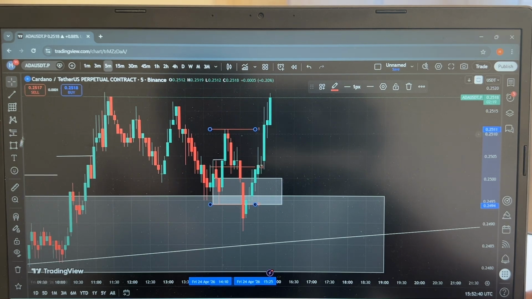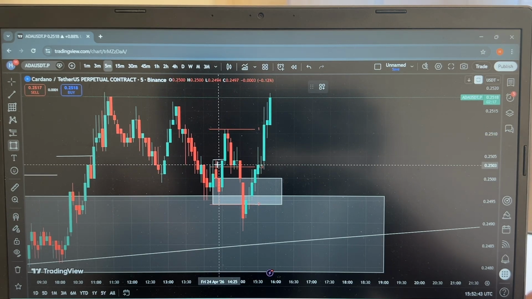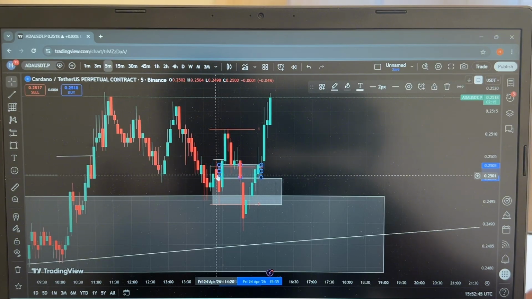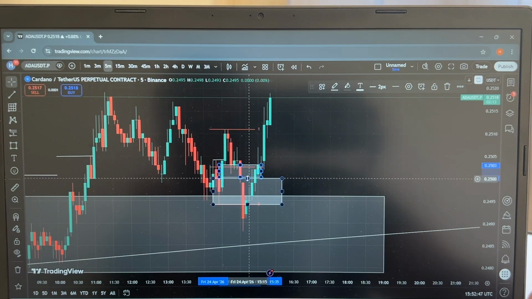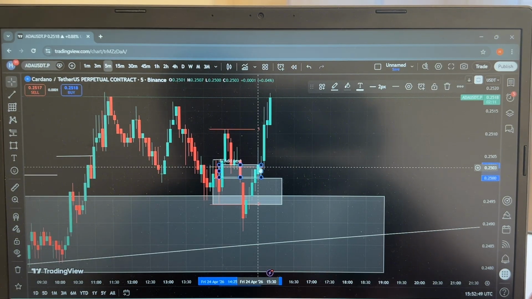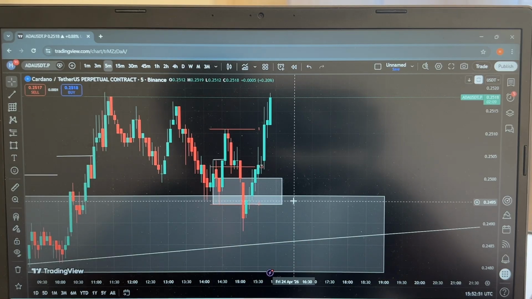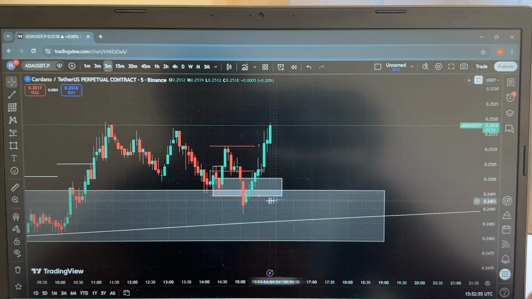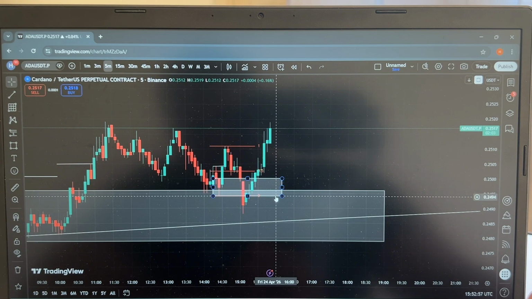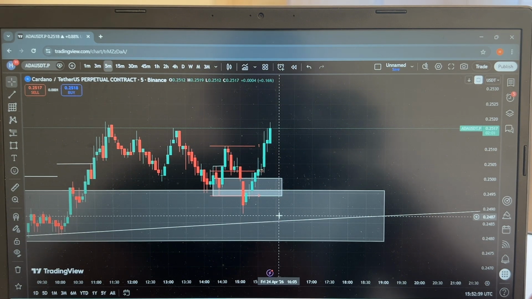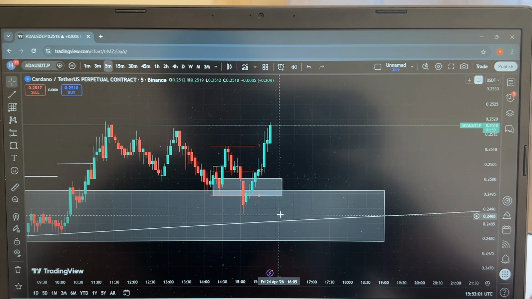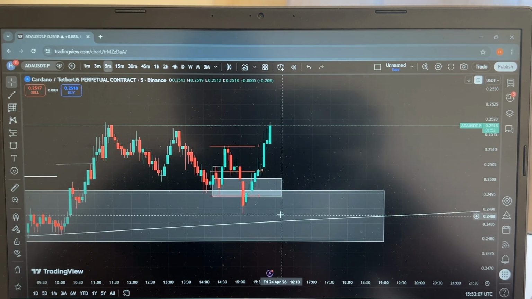It hit that FVG and went up a bit, but it neglected it, and then it went straight away towards the extreme order block. Now this is exactly why I tell you guys to put your stop loss a bit further down. That is why I tell you to give your SL a bit of space to breathe.